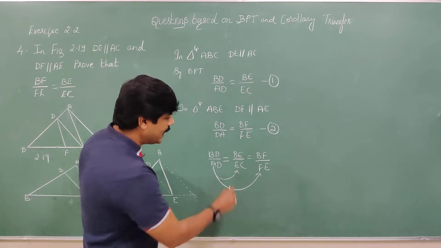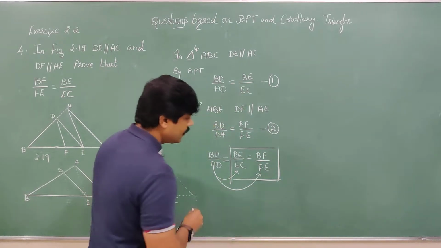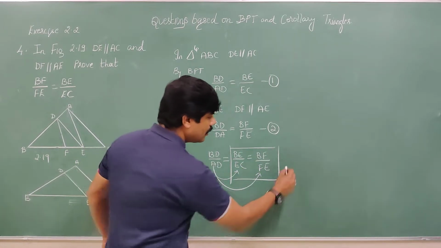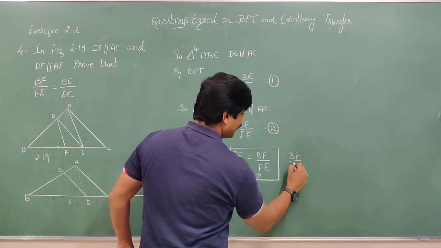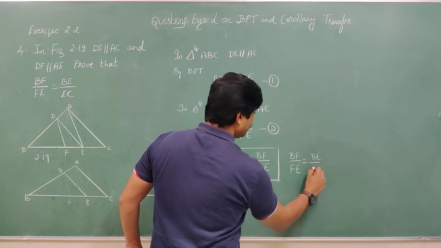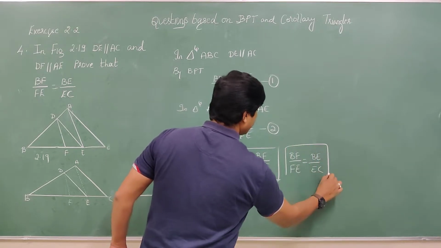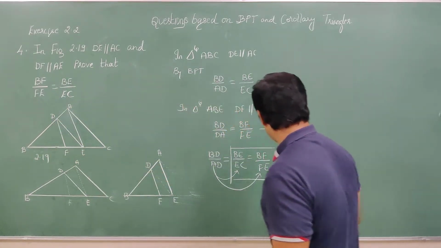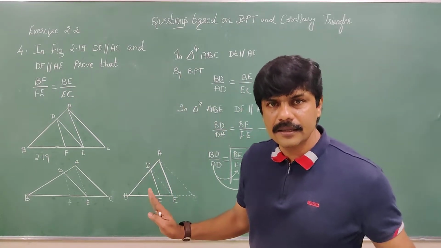Therefore, from 1 and 2, BE by EC is equal to BF by FE, or BF by FE is equal to BE by EC. This is what I wanted to prove, and we have proved. Understood, children? Hope it's understood.